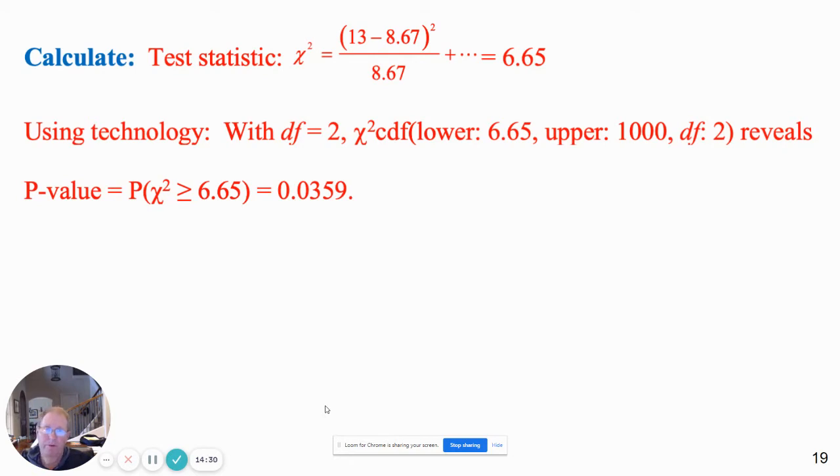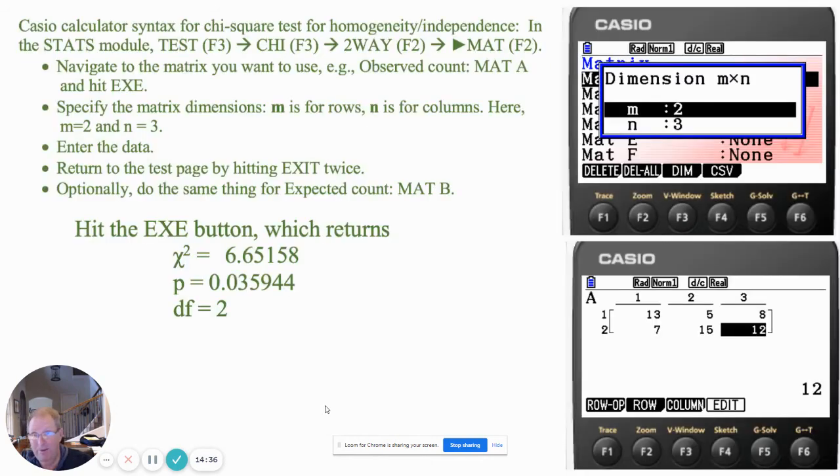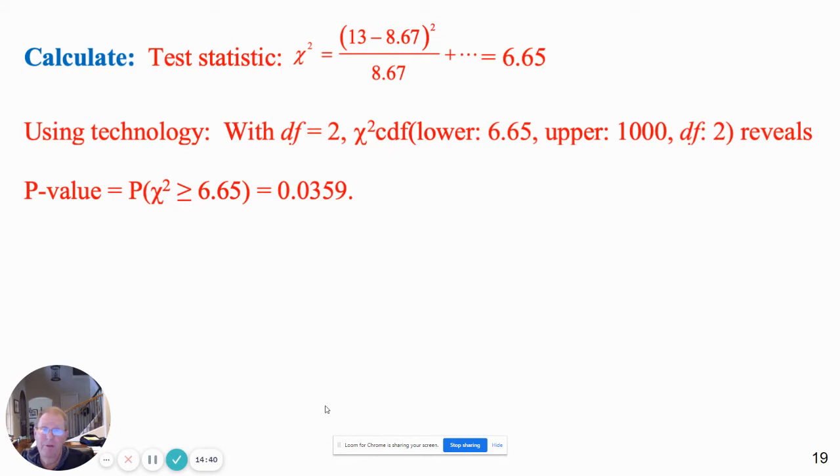Now we need to show how we calculated that chi-squared statistic. The way we calculated it was actually with our calculator, but we need to write out the formula with the numbers from the problem in it. So the first element in my chi-square statistic: I go to my first cell, and I take my observed minus my expected, that quantity squared, over the expected.